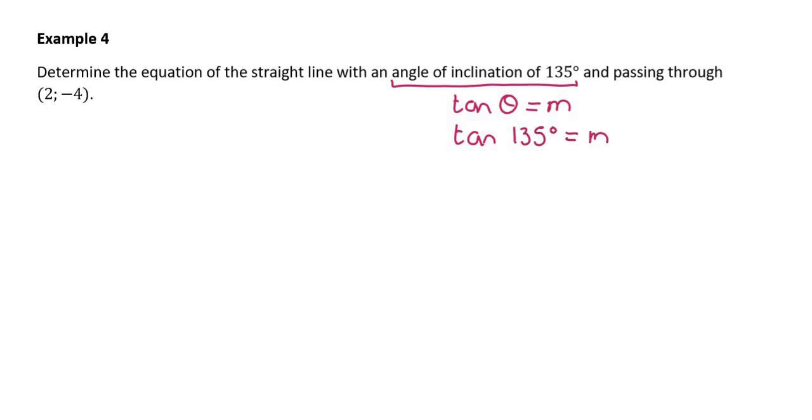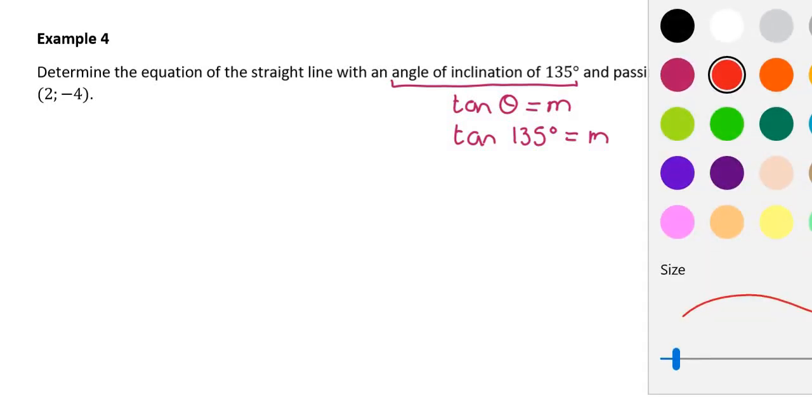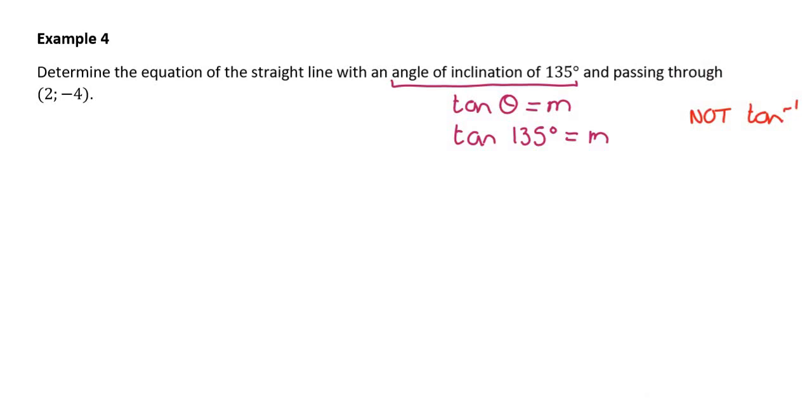And if you push tan 135 on your calculator, now notice not shift tan, because this was just tan. So we weren't working backwards, so this is not tan to the minus 1, because you were working forwards. You were given the angle. So tan of 135 is negative 1. So now I know the equation is negative 1x plus c.